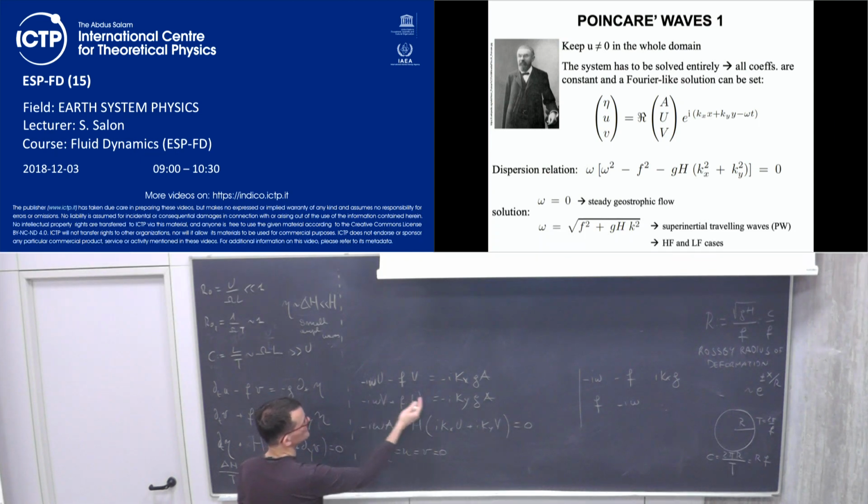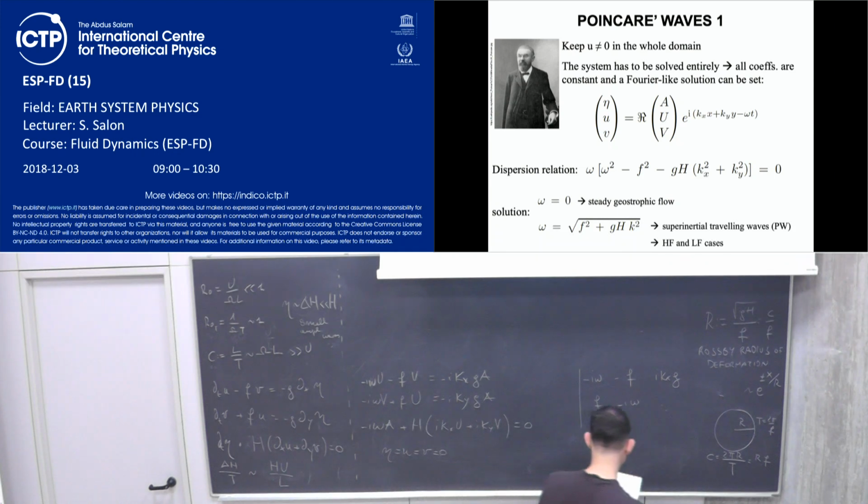By bringing this to the left-hand side and putting in line u, v, and eta, a possible solution can be found by solving the equation that comes from the zero determinant.